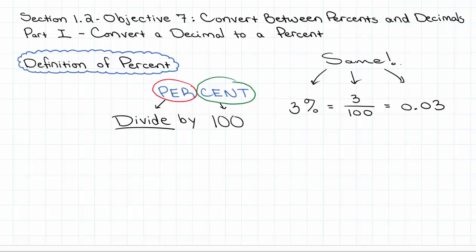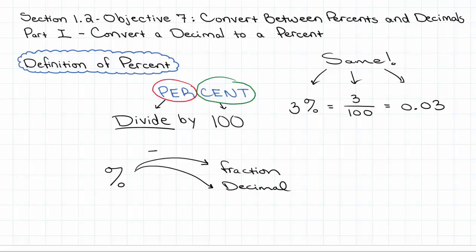The way I remember converting between percents and decimals and fractions is I try to remember this little diagram. If I see a percent symbol, and I want to convert it into either a fraction or a decimal, then I need to use this definition of percent, and I'm going to have to divide the number in front of the percent symbol by 100.